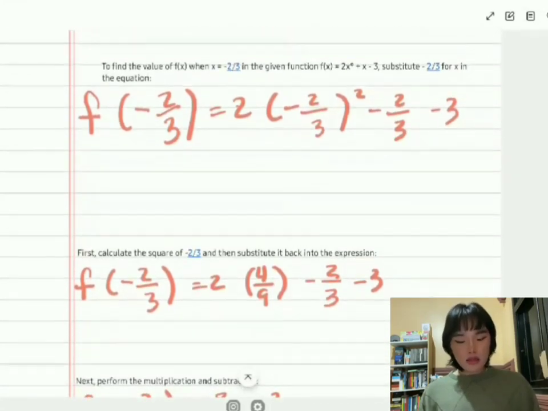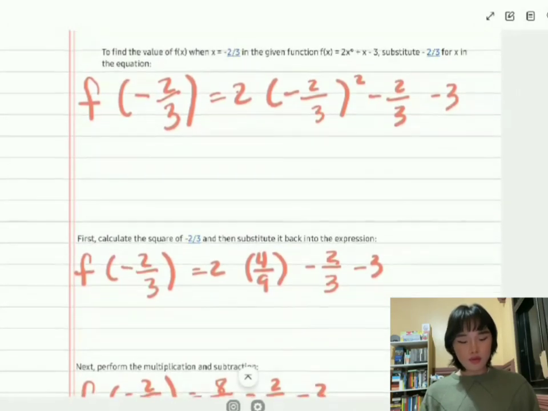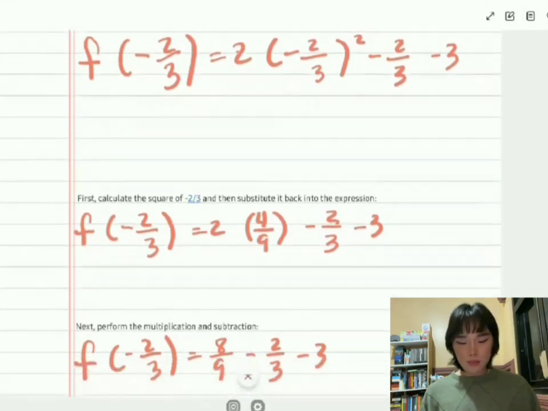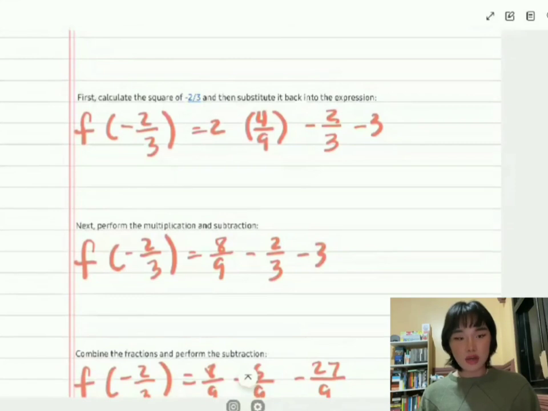First, calculate the square of negative 2 over 3 and then substitute it back into the expression. Next, perform the multiplication and subtraction.